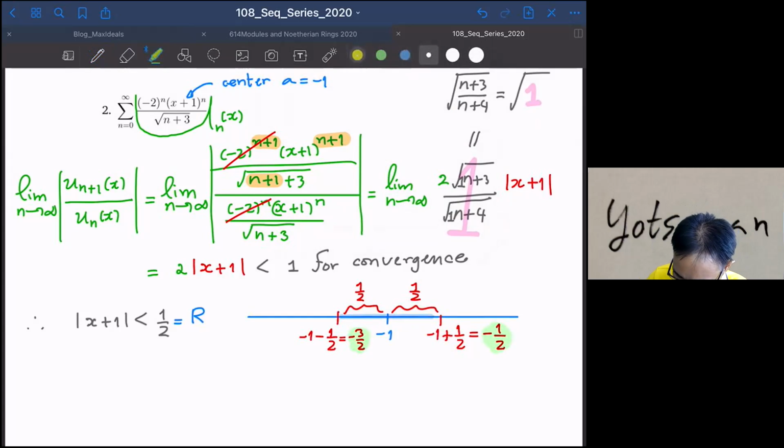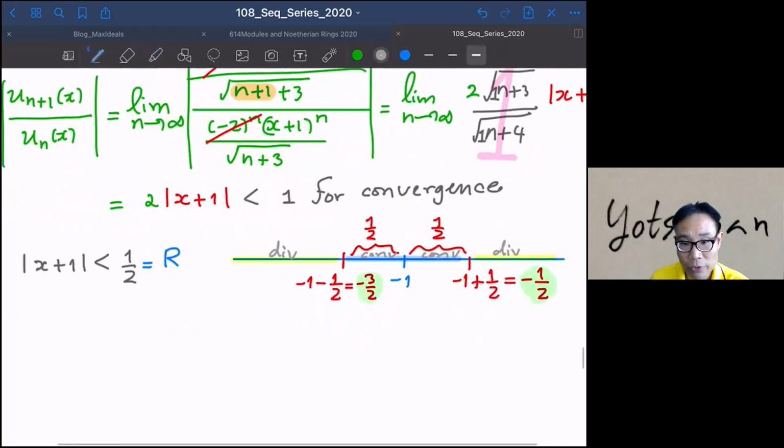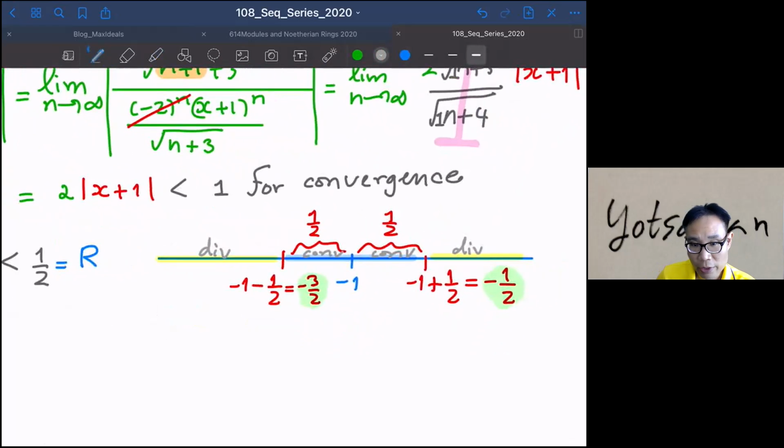and you're going to have the divergence lie outside. Okay, so the convergence, and this one will be divergence. Okay, so the big picture looks like this.